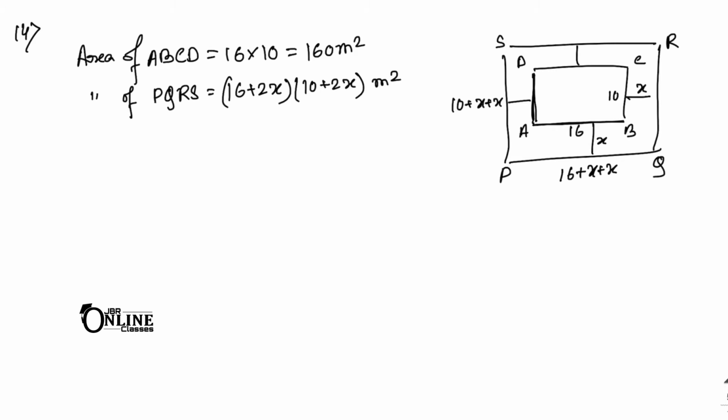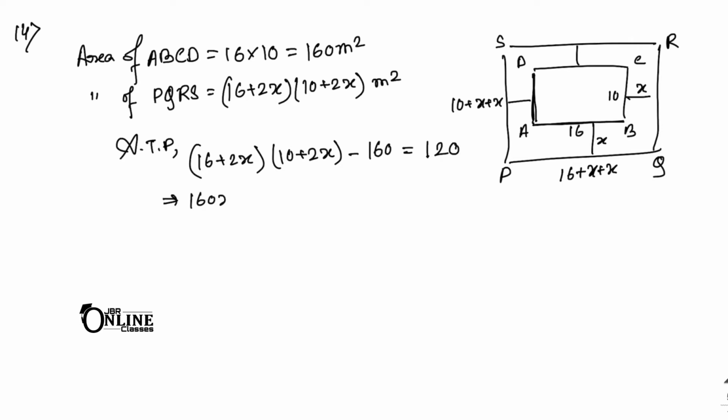Okay, then the area of the walk, according to the problem you can write down the area of the walk, that means the area of the outer rectangle minus the inner rectangle, and that equal to 120, it's given. Okay, 120 is the area of the walk, it's given in the question. So here if you multiply this one, 160, then here it will be here 10 into 2, 20x, then 32x, and then 4x square minus 160 minus 120, that equal to 0.